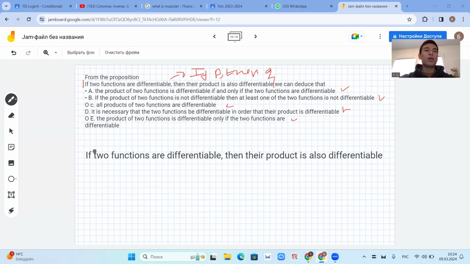Okay, let our P be two functions are differentiable, and our Q, their product is also differentiable.